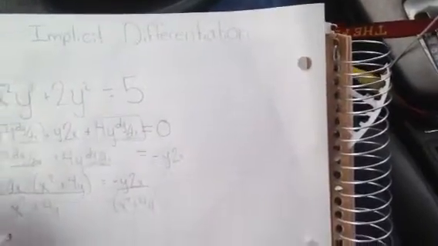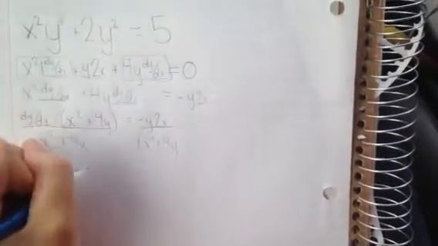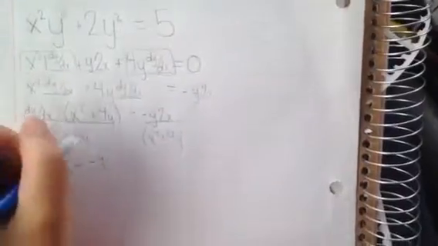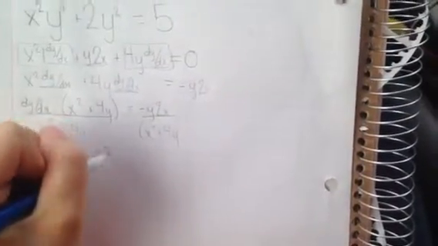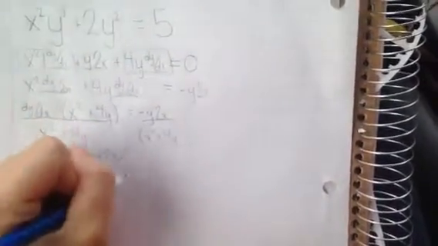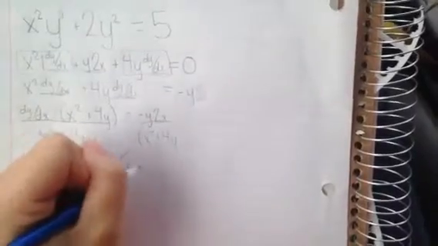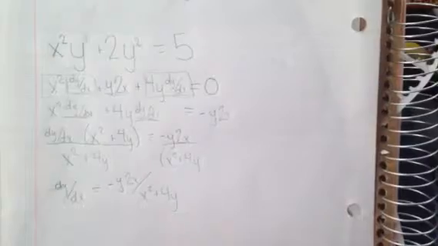And then you're going to end up with your dy dx down here by itself, the variable that you were trying to solve for. And now you know what your derivative of y is. And that's implicit differentiation.